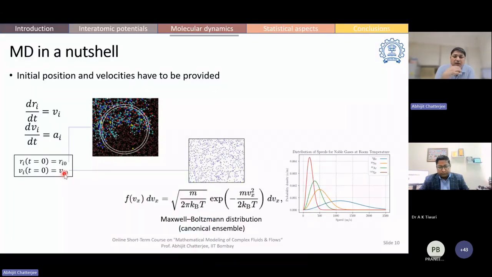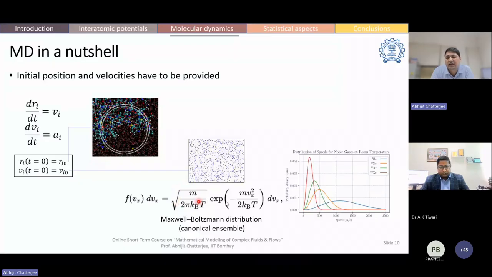So typically we would choose some temperature. For example, if we are interested in room temperature, then T, the absolute temperature, will be around 300 Kelvin. And suppose we had water present, then we'll have to consider oxygen and hydrogen atoms. And we're going to assign velocities by sampling from this distribution.